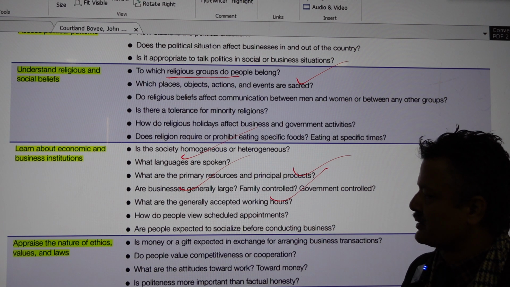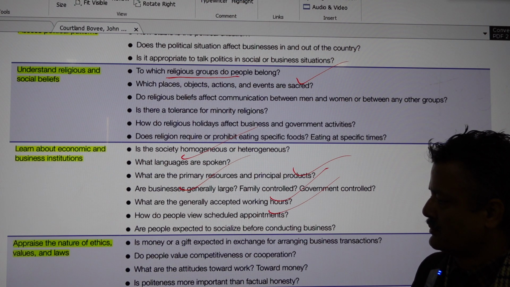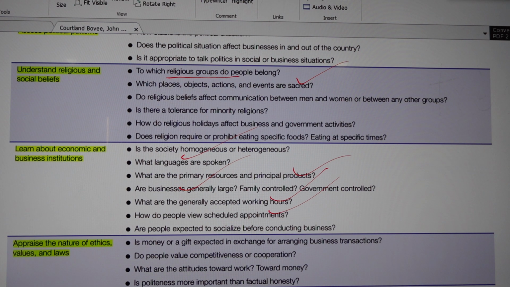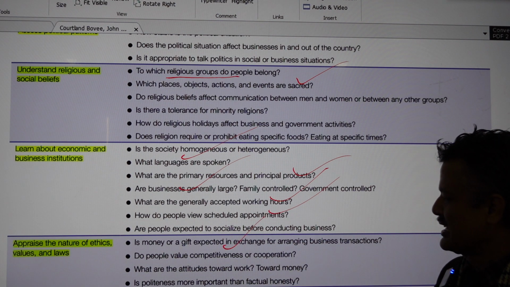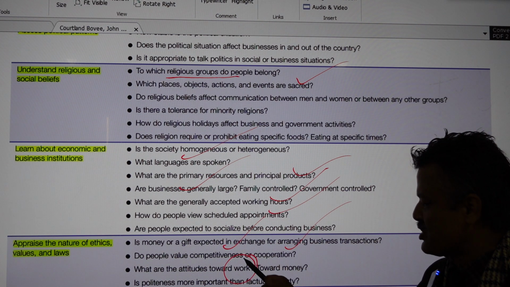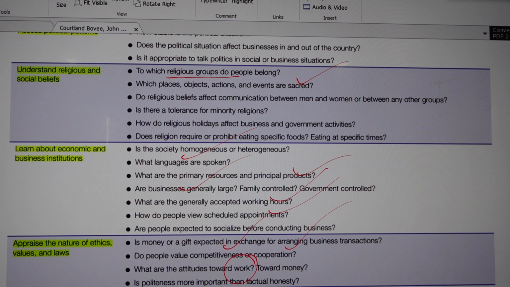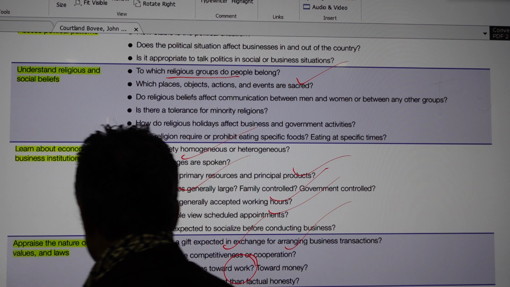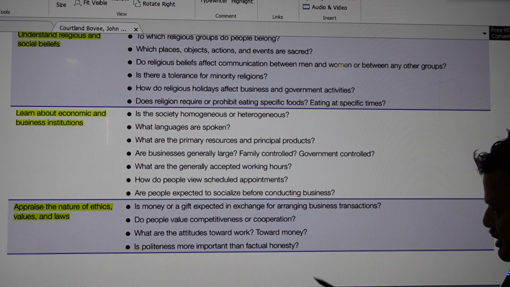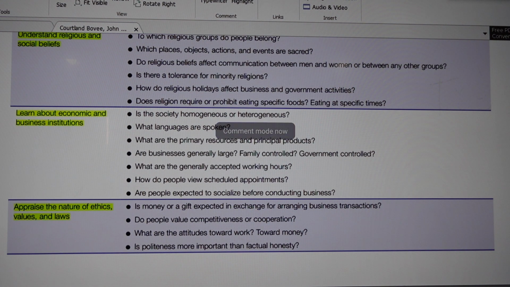What is working hour? When can you get appointment? What is morality? Right? Do they value competitiveness or cooperation? What is attitude about work? Is politeness important or being factual more important? So these are the things you pay attention when you adjust to a new culture.